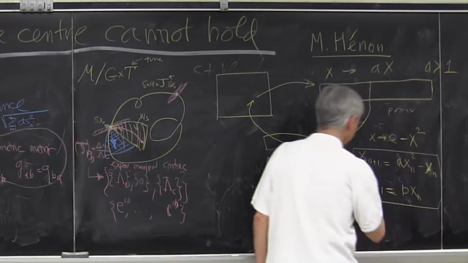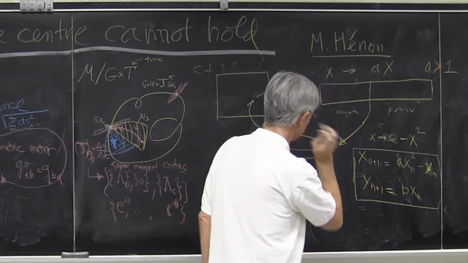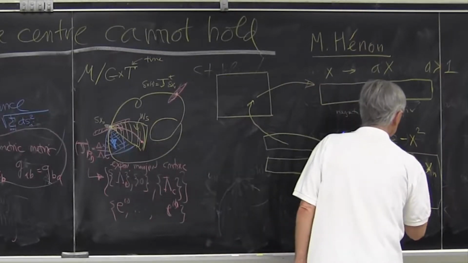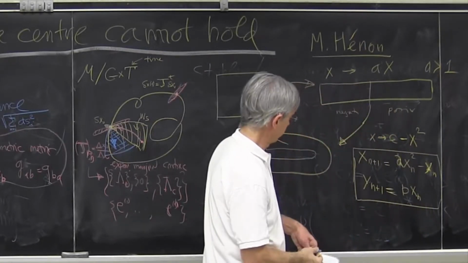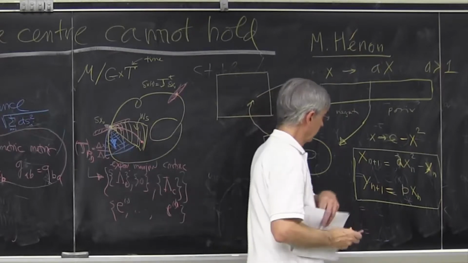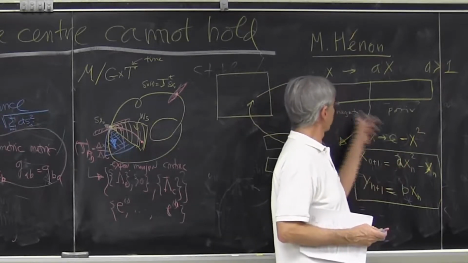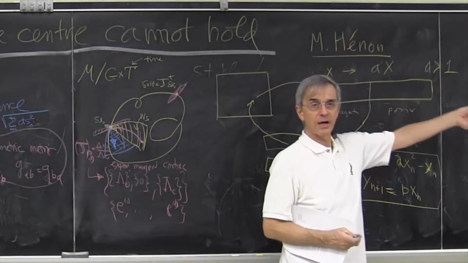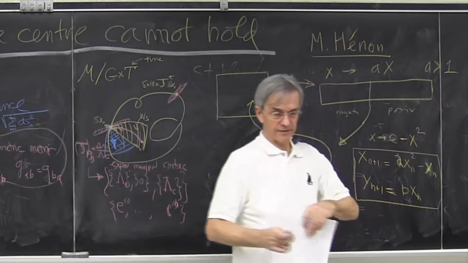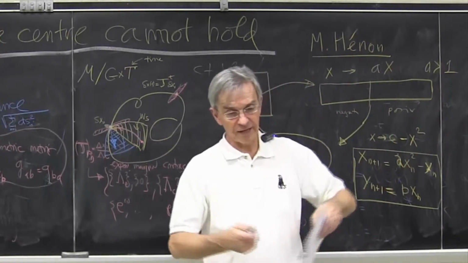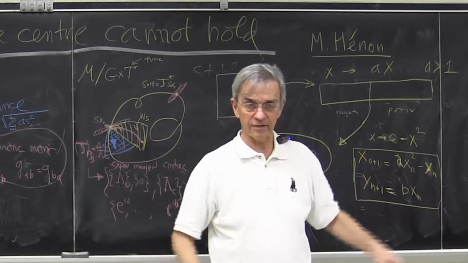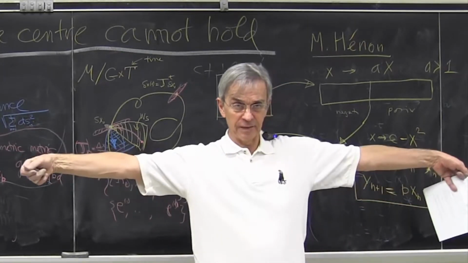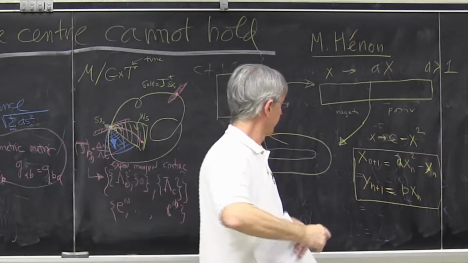So the correct equations are in the book. But the idea of Hénon's model is that this a captures the stretching. So there's a parameter where it's large. This a could be 3, could be 6, could be something, but it's large. It means you stretch the thing.